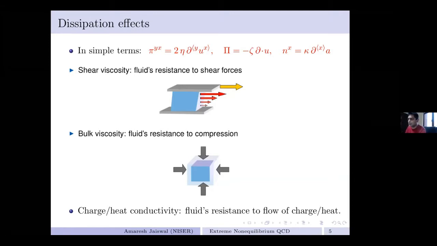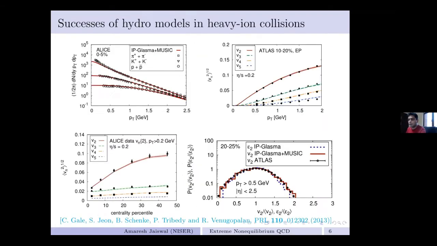This is something for some other time, and it has actually been discussed in great detail in this workshop. Let me quickly highlight the success of hydro models in heavy ion collisions.